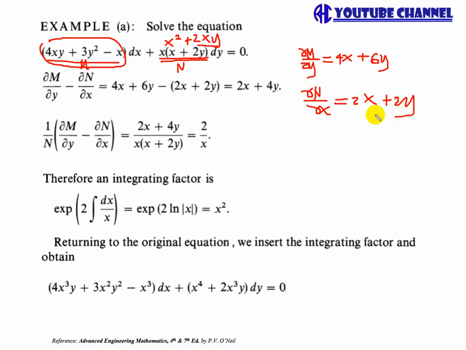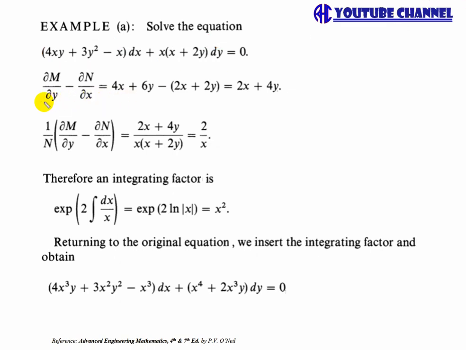Okay, pagkatapos niyan, ima-minus na natin. Kaya kung nakikita ninyo dito, yung difference ng partial derivative ng M with respect to y tapos yung N with respect to x, magiging 4x plus 6y minus yung partial derivative ng N with respect to x. Then, simplify natin. Ito yung magiging result.